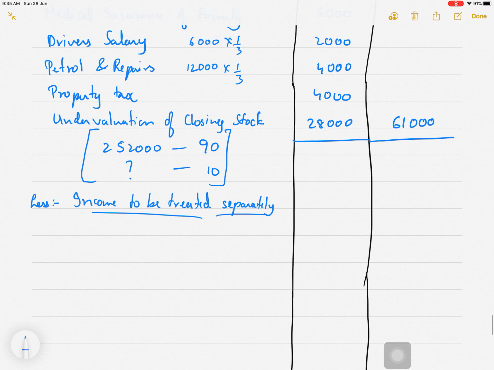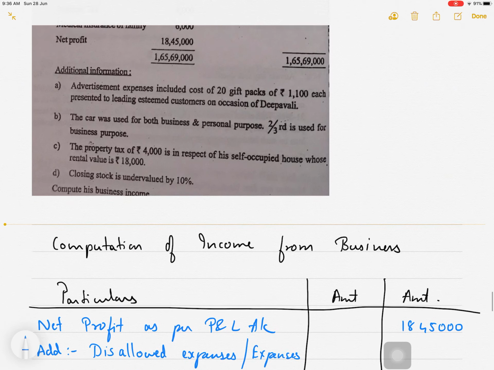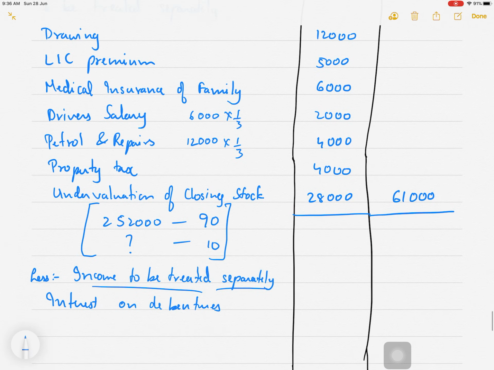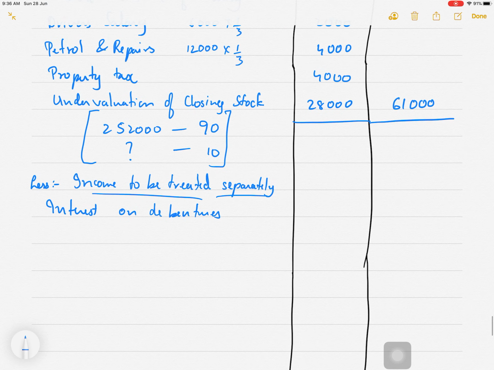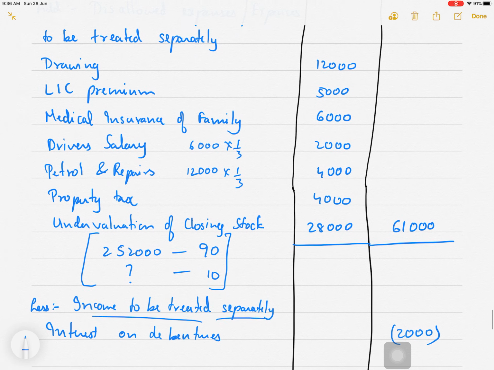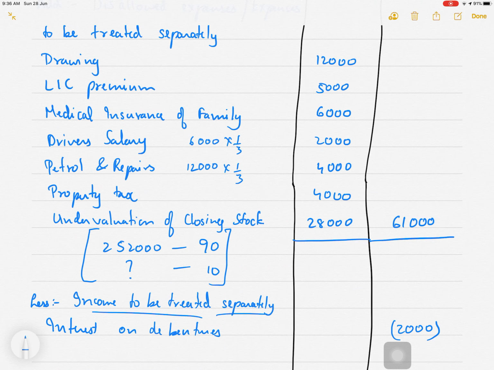Interest on debentures, 2,000, because it is income from other source, right? So interest on debentures, there is only one item, so I'll write in the outer column itself. 2,000. Let's subtract 2,000. Okay.